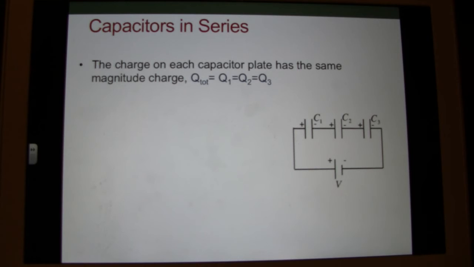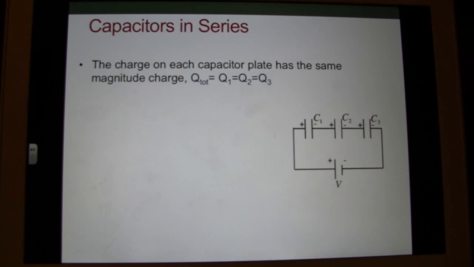In the area between capacitor 1 and capacitor 2, the negative charge in that conducting material moves to the left onto the right plate of capacitor 1 because it's attracted to the positive plate of capacitor 1. The positive charge in that area between C1 and C2 moves to the right onto the left plate of C2.